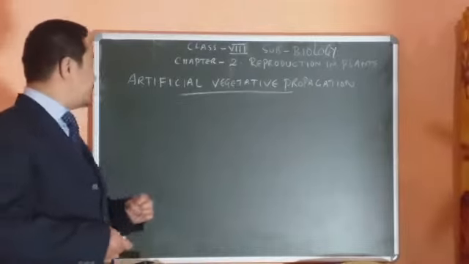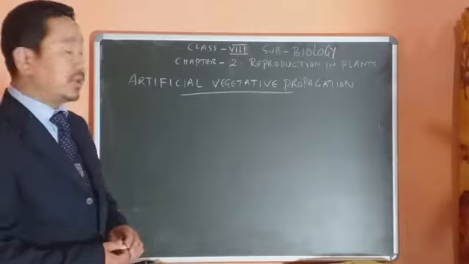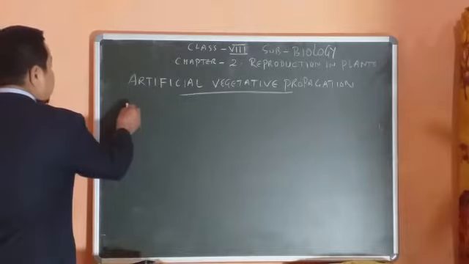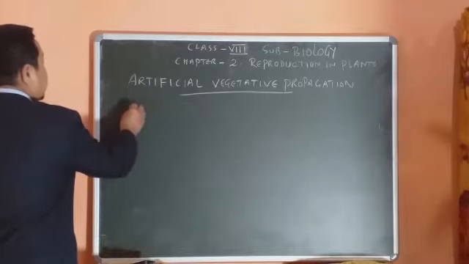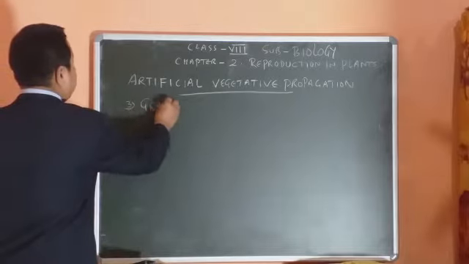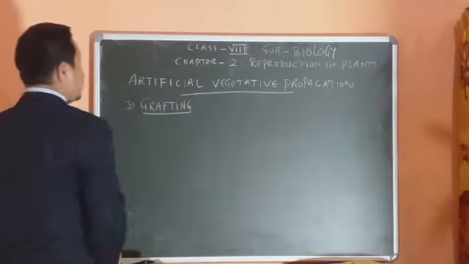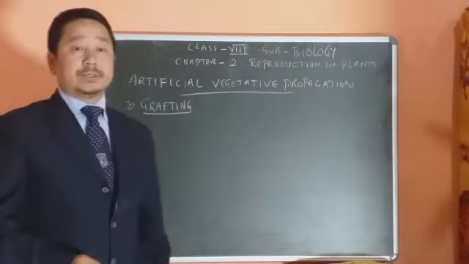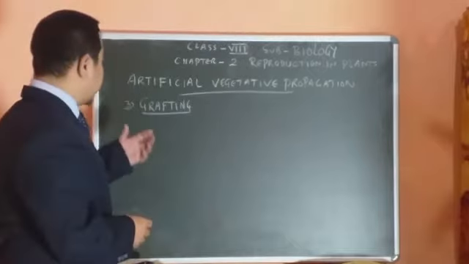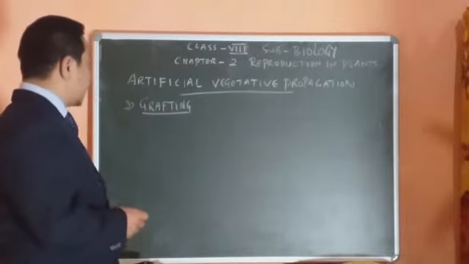The third type of artificial vegetative propagation we have is grafting.